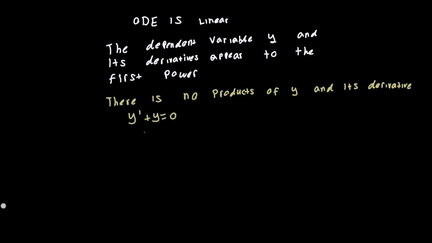This is linear, but if we have something like y times y prime plus 7x is equal to 0, then this is a nonlinear differential equation. So we see that there's a huge difference. While we could solve a linear differential equation fairly easily, it might be a bit more difficult to solve nonlinear differential equations.